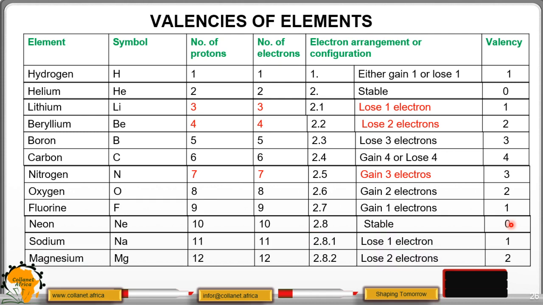It is already stable. Sodium has an electronic configuration of 2,8,1, so it can lose 1 electron to be stable, so the valency is 1. Magnesium has a valency of 2 because it can lose 2 electrons to be stable.